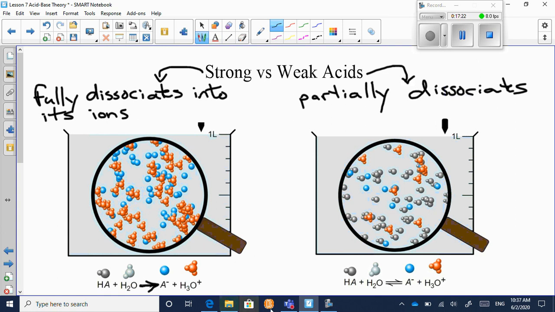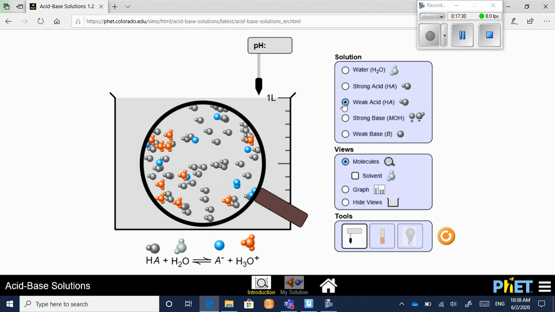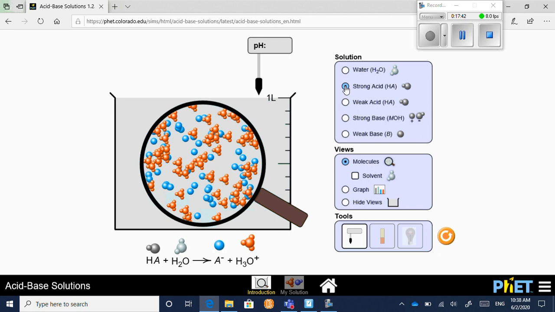And so I'm going to go back to the little demo here. So look at this. I'm now going to show you a weak acid. And what I want to emphasize here is those blue and those red molecules are really what makes it acidic. Okay, and so look at this one. Oh, there's lots of them there. That's very acidic. It's very strong. It's going to burn your finger.